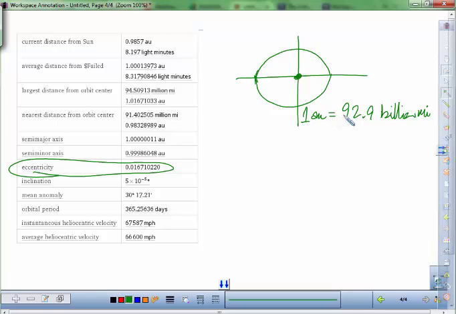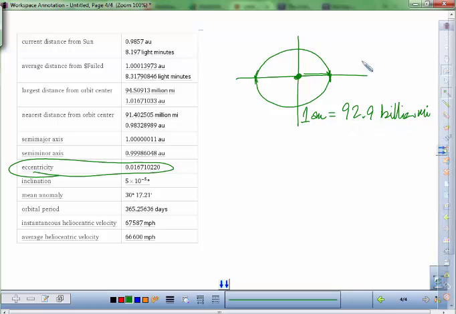All right, let's see if we can find that equation. So we need to translate this, the semi-major and semi-minor axis. I think the distance it's going to cover, the semi-major axis, is going to be 92.9 million.